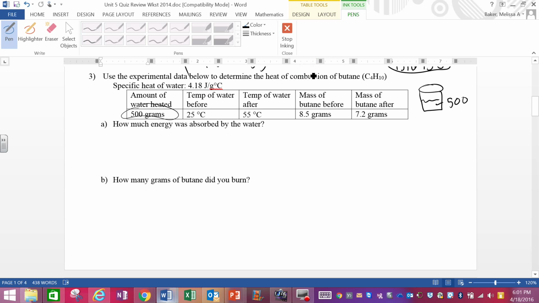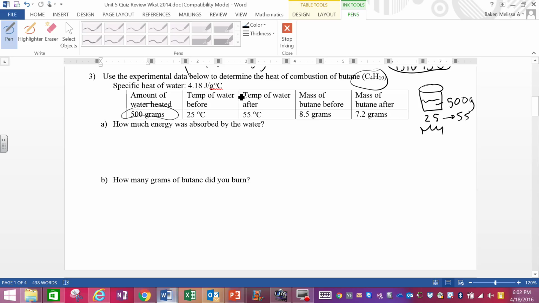The temperature of the water went up from 25 degrees up to 55 degrees Celsius because there's a fire underneath, and you're not burning a Cheeto, you're burning butane, which is actually a liquid, sorry, with the formula C4H10. Okay, but you're going to do this problem in the same way that you did your combustion of food lab.